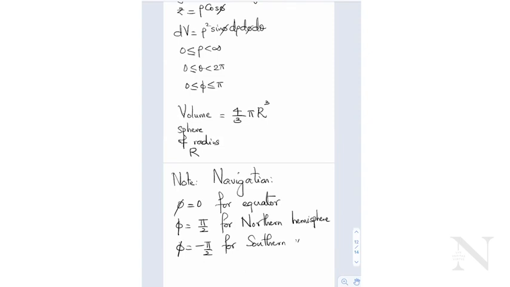For us, for calculational purposes, it's easy to just go from 0 to pi, but for navigational purposes, it's easier for them to just go above and below the equator. So 90 degrees north or 90 degrees south of the equator. They don't use radians, so let's be more sensible there. That's the positive and negative 90 degrees.